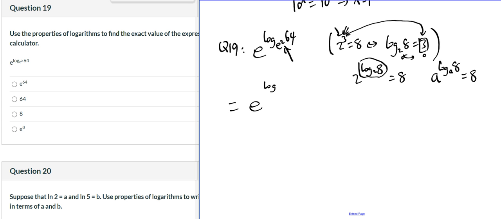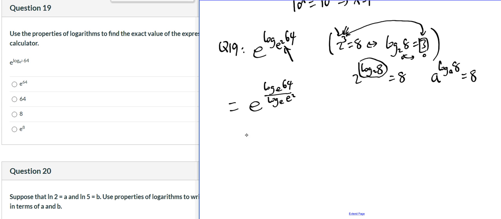You may just use natural log. The base change formula is log base e of 64 over log base e of e squared. Here this base can be 10, can be 3, can be whatever you want.